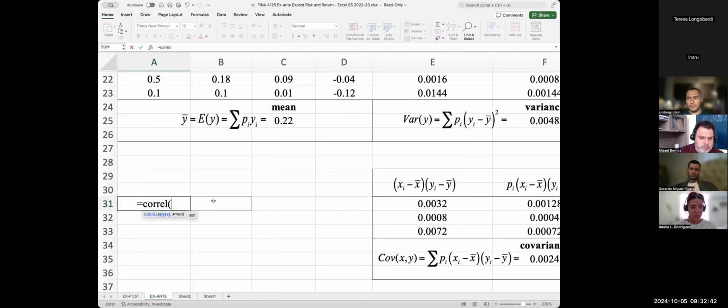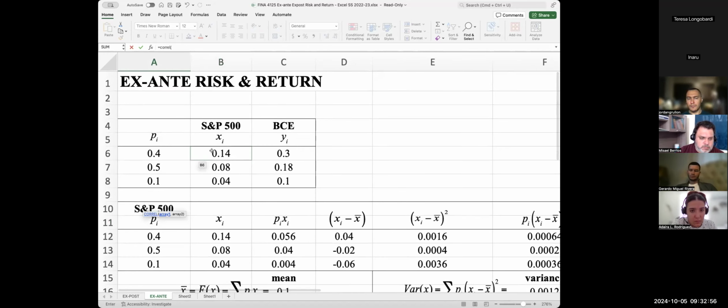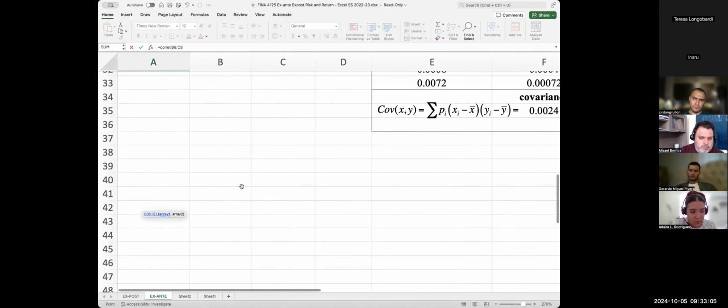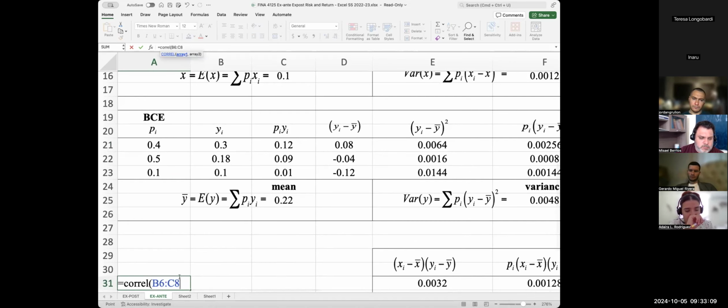And then what you do with this is you highlight the matrix of the data. Correlation is just for two variables. So you would highlight, it says array. I don't know if you can see that, if it's big enough. Array sounds like a very mathematical engineering word. But you just highlight these. I don't think you highlight the headings. And where'd it go? There it is. And close it.